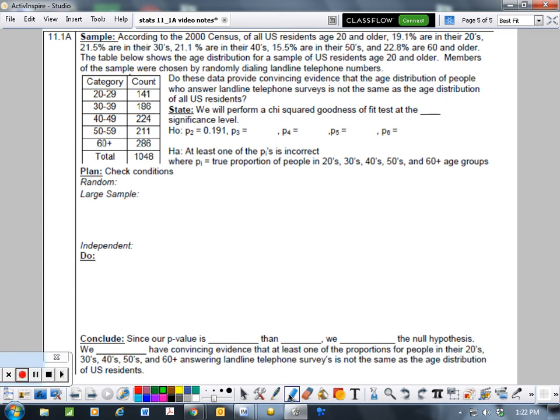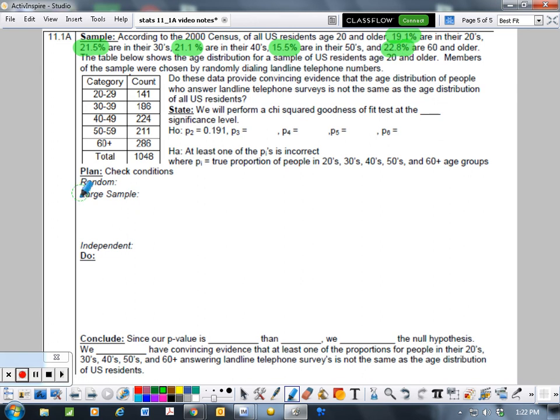So this is what we're expecting to have happen. So this is information for our expected proportion. So my expected proportion is this, this, this, this, this for each age group. So that's for our expected.